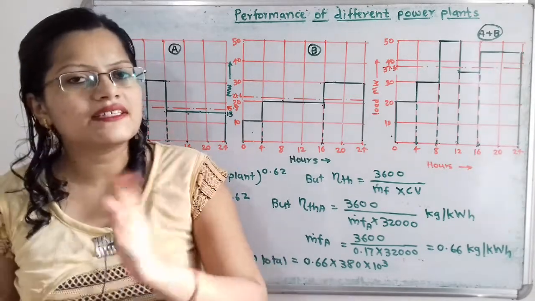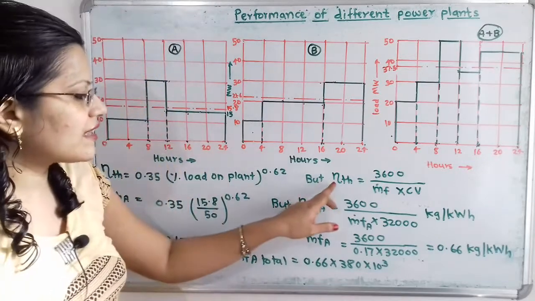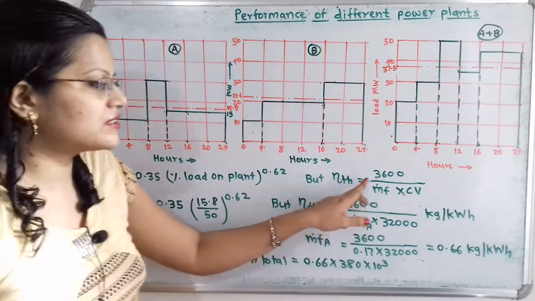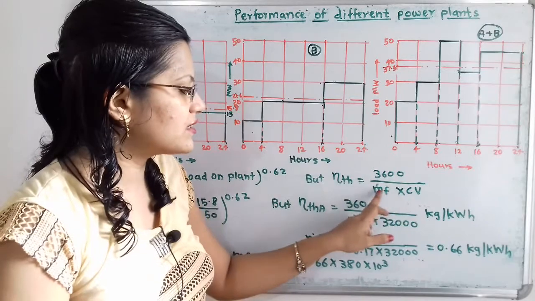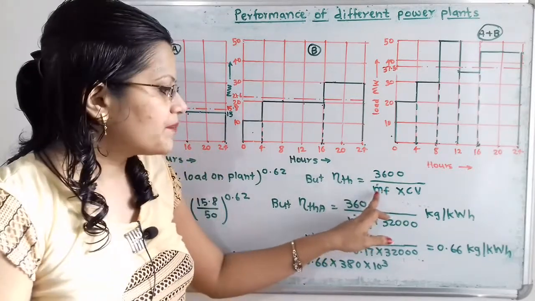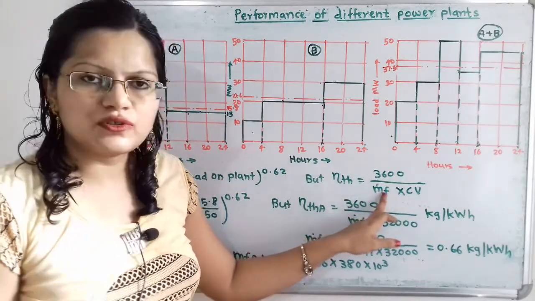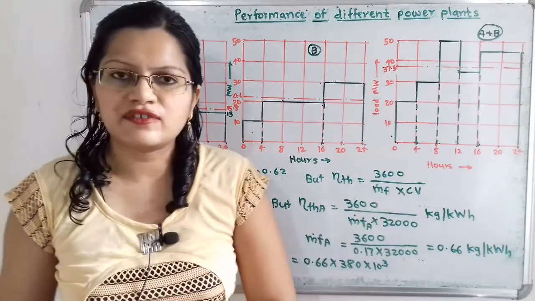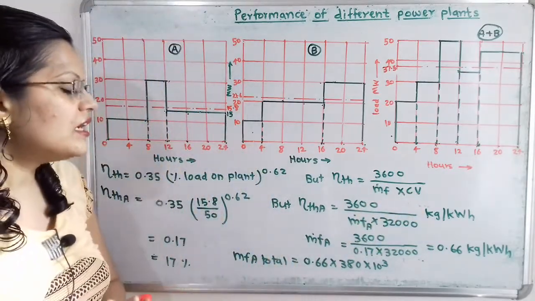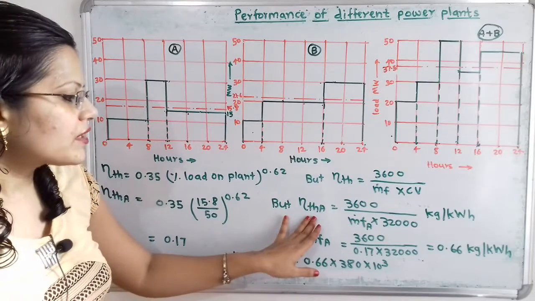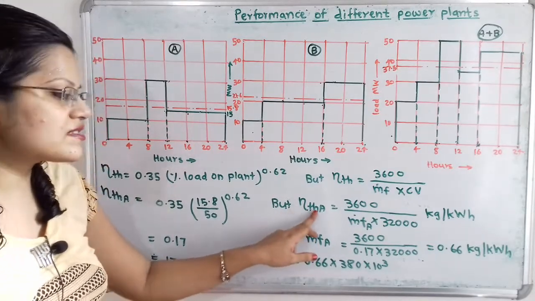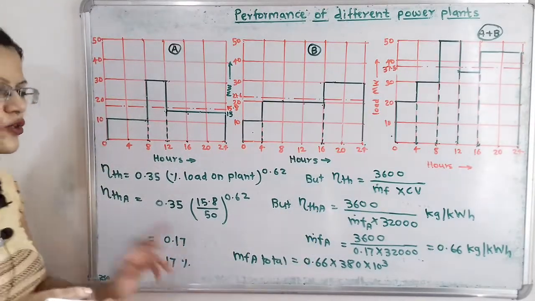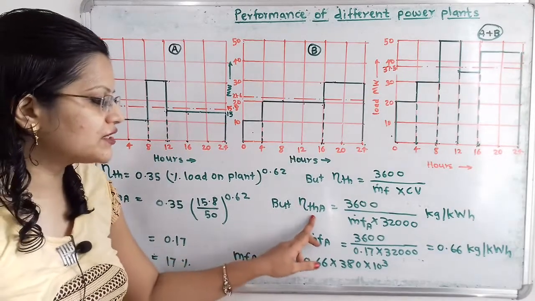Now we will apply the second formula. This second formula says thermal efficiency is equal to 3600 divided by the mass of fuel supplied per unit of time multiplied by calorific value. Now the thermal efficiency for A is known, that is 0.17, so we will put this value here.